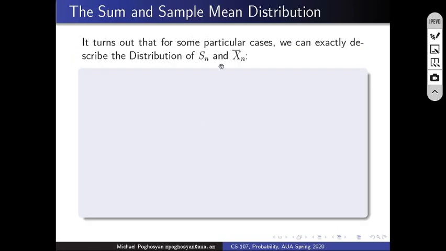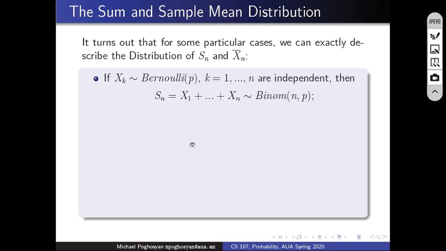But for some cases, we have answers for the distributions of the sum and the average. Say if the Xk's are Bernoulli with parameter p, independent, so they are IID, then their sum will be binomial with parameters n, the number of Xk's, and p.